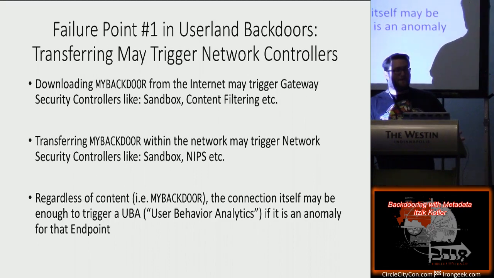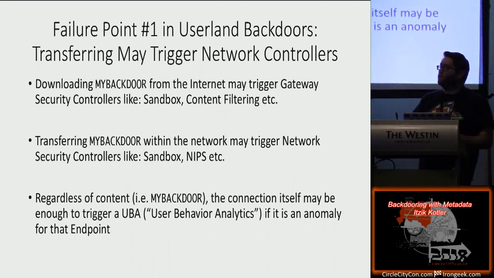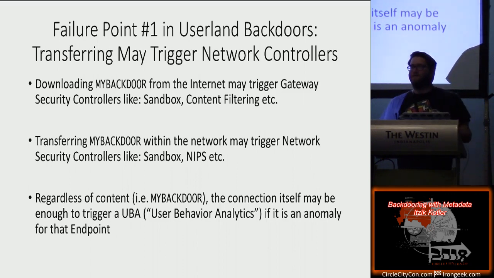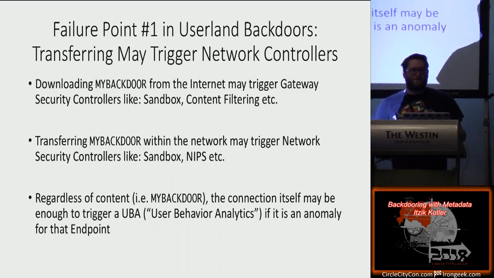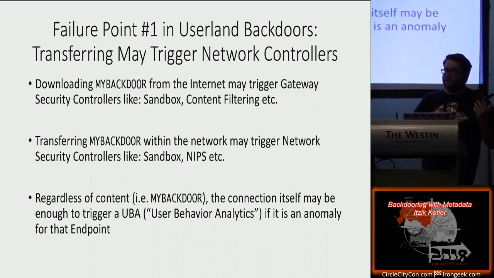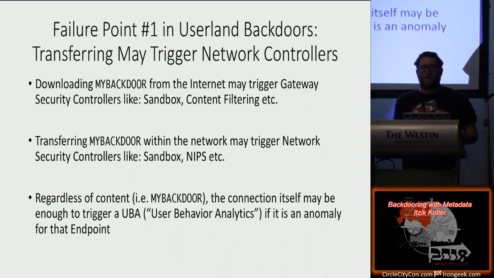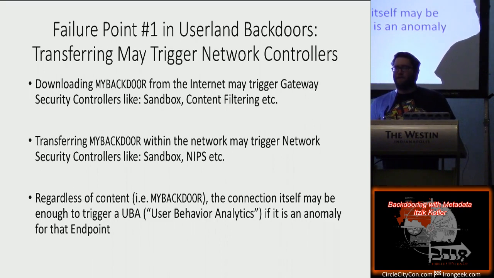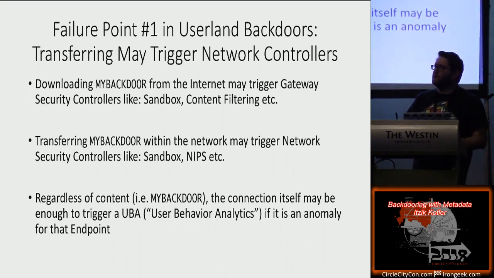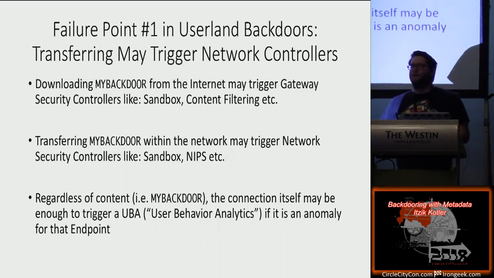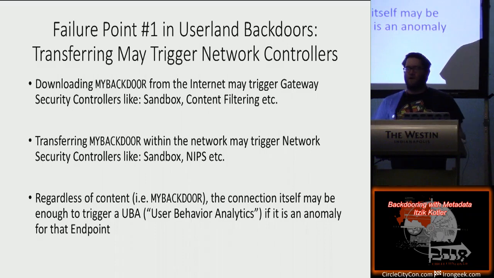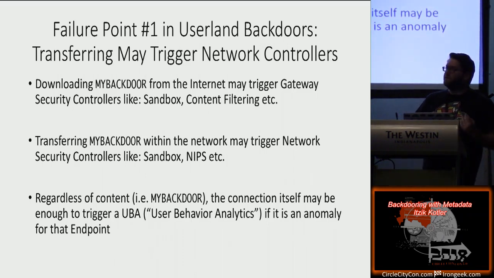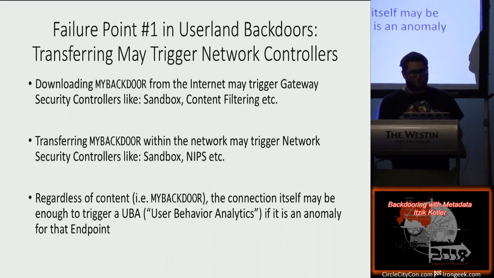We can see that even transferring the sample within the network, so if it's not your first station at the network, it's your second or third, even internally passing it from segment to segment, we can still encounter controllers like sandbox and network IPS. And even the mere act of that computer trying to use the network may be an anomaly if there is user behavior analytics on that machine, and that is an action that has never been done before, it can trigger an alert. So that's the first failure point that we will address today.